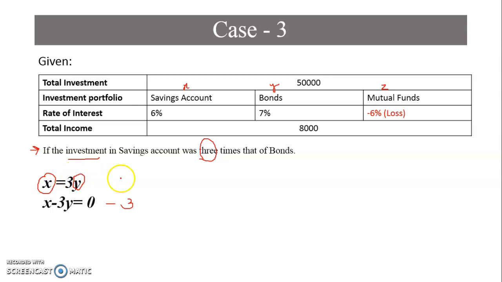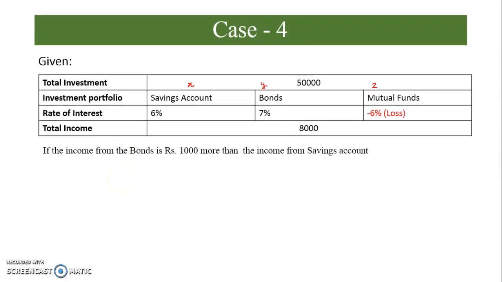Okay. This is case 4, where it is written that if the income from the bonds is 1000 more than the income from savings account. So again there is an income. So we have to multiply the rate of interest with the amount of investment, and this 1000 is more in the case of bonds.